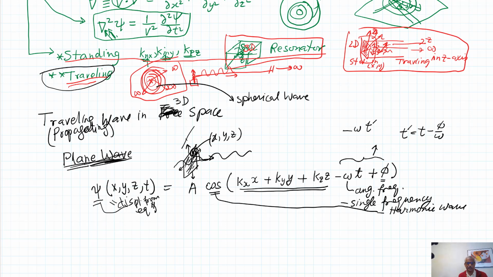Well, it looks like k should be a vector, and that can be kx, ky, and kz, and xyz should be a vector, x, y, z, and so this thing should be more compactly written as k dot r, right? K dot r.